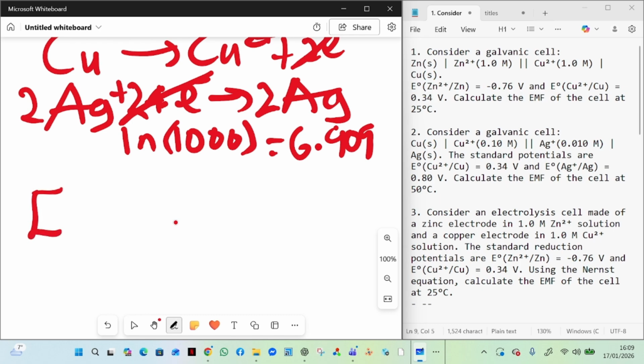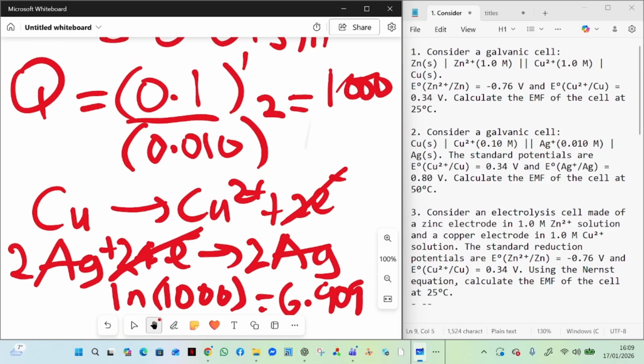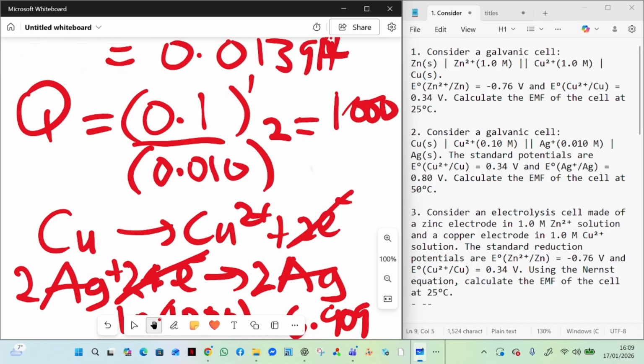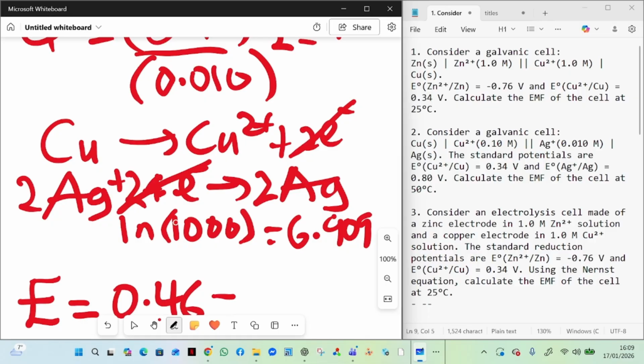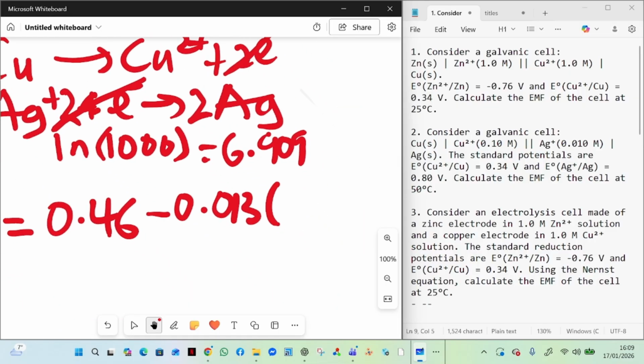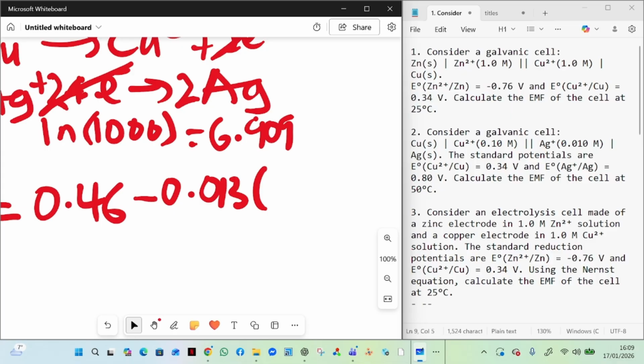So when we come back to E, it's E naught, which is 0.46, minus nRT over nF, which we already have here, 0.013, times ln Q, which is 6.909.